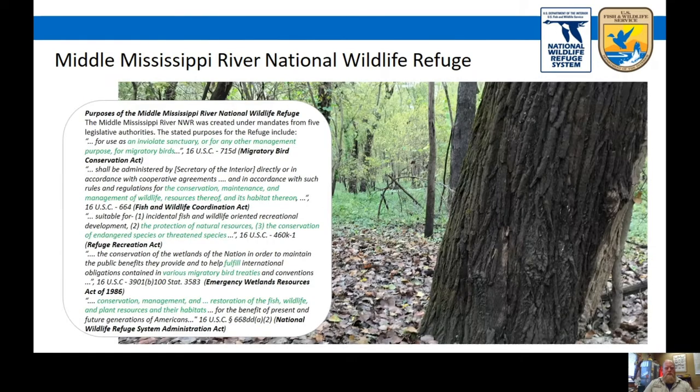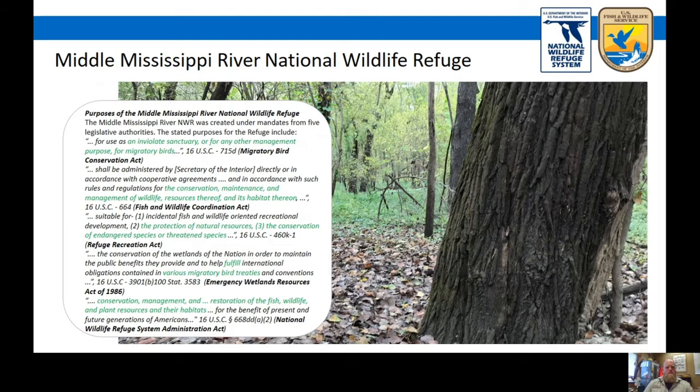Now to speak about the purposes mandated through legislative authority. In all of this word mess, I have highlighted in green some aspects of this refuge's purpose I feel may be relevant to this audience. Note, an inviolate sanctuary for any other management purpose for migratory birds. Next, the conservation, maintenance, and management of wildlife resources thereof and its habitat thereon.